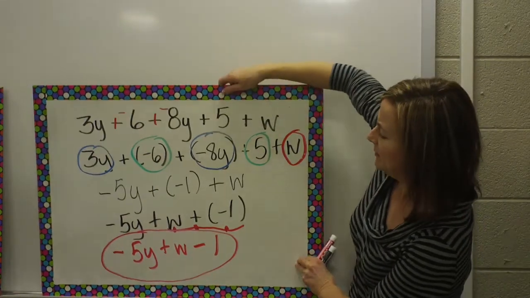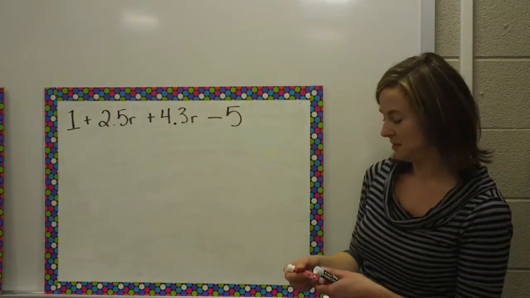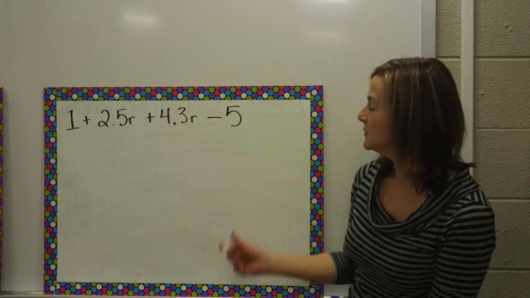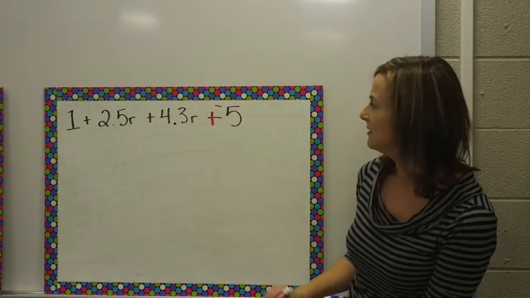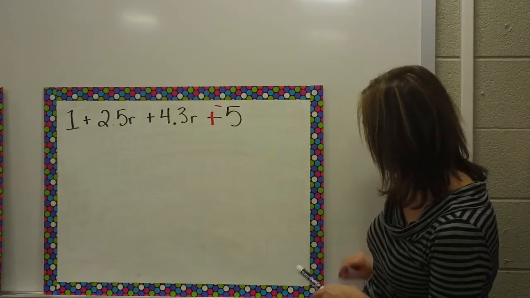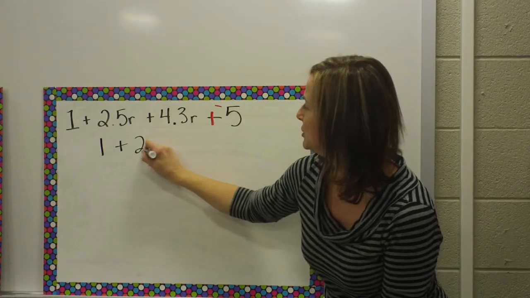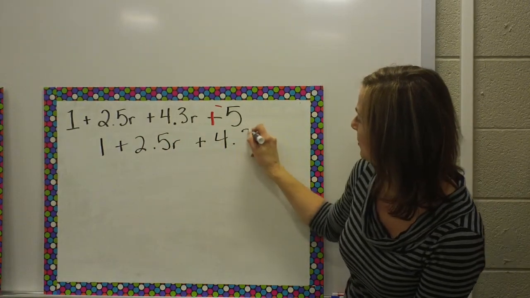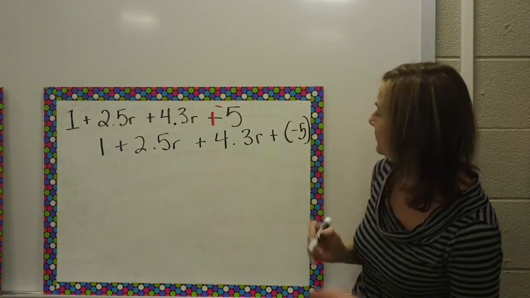In our last example, we've got some rational numbers here in the form of decimals. So step 1 is to rewrite using KFC. Here I have minus 5, so I'm going to add a negative 5. And then I'm going to rewrite this. So I have 1 plus 2.5r plus 4.3r plus a negative 5.